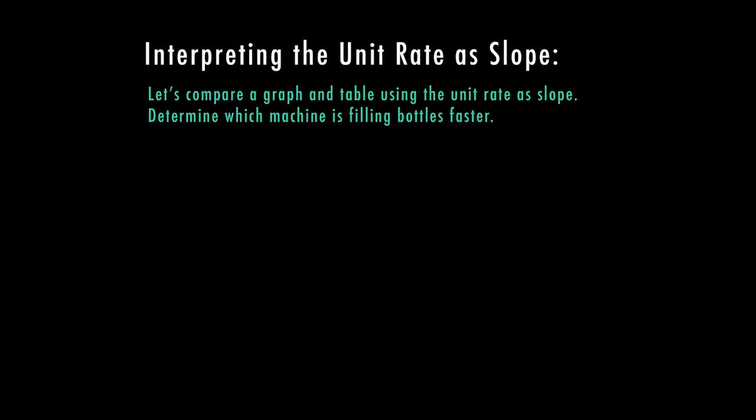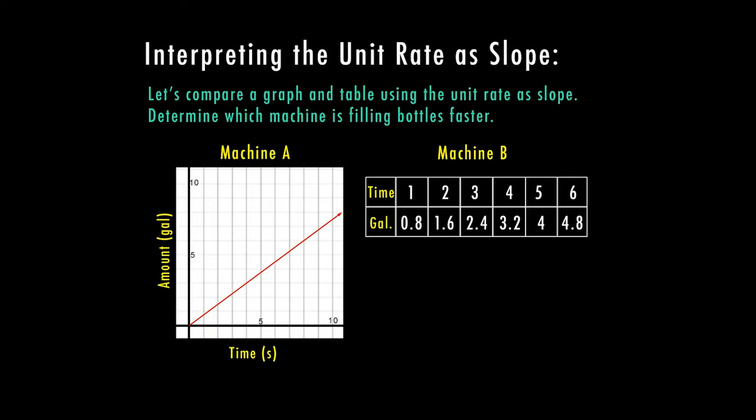So here I have a graph of machine A and a table of machine B. So I can see here machine B on the table is already filled out for me because it already states here that when my x, which if you remember is going to be my unit rate, is 1, then my y is 0.8.